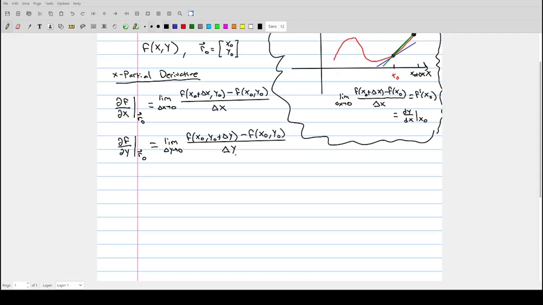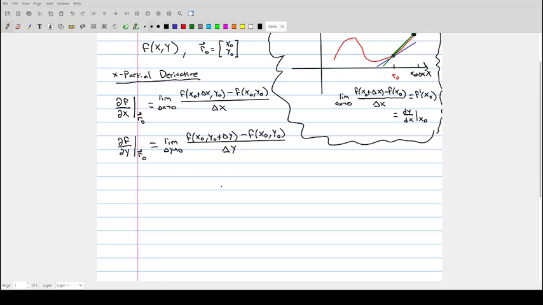And we say that if both of these limits exist, then we have existence of both partial derivatives. Or if only one of these limits exists, then only that one of the possible partial derivatives of the function exists. But you can see that for a function of 2 variables, we have 2 separate partial derivatives that in general give separate values.